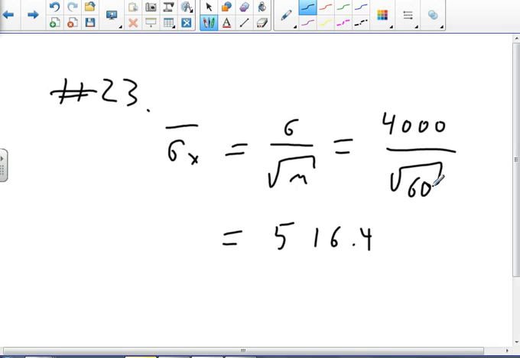Alright, so now we know the sigma. What is the probability that we're going to be within 500? Okay, so we want the z value.